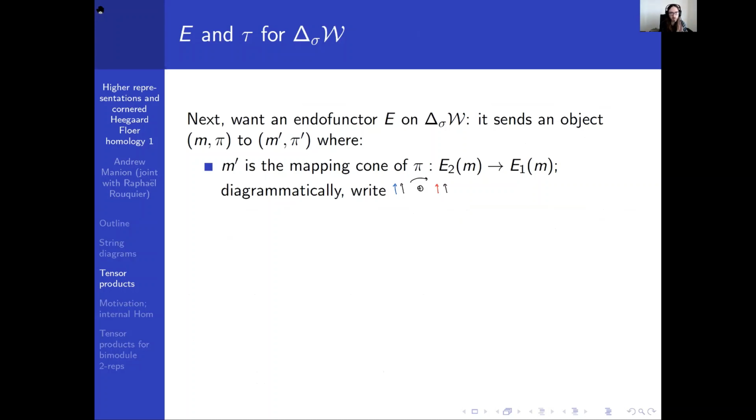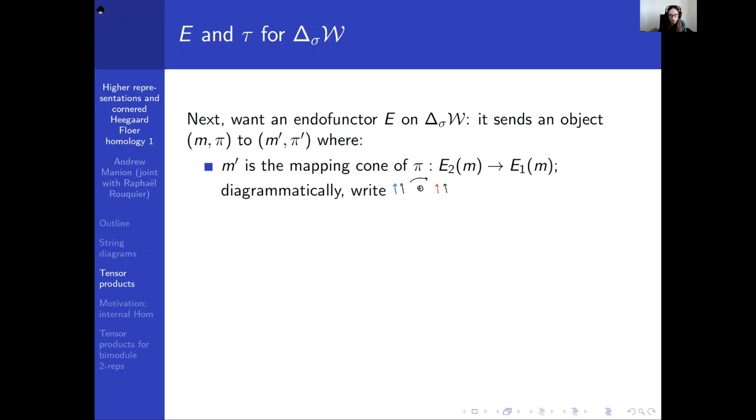That should be some m prime pi prime, so I just have to say what m prime is and what pi prime is. m prime I'm going to take to be the mapping cone of pi. We'll see that's especially motivated in that if pi is an isomorphism, then that mapping cone will actually be contractible, and we'll see why that's something we want in just a second.